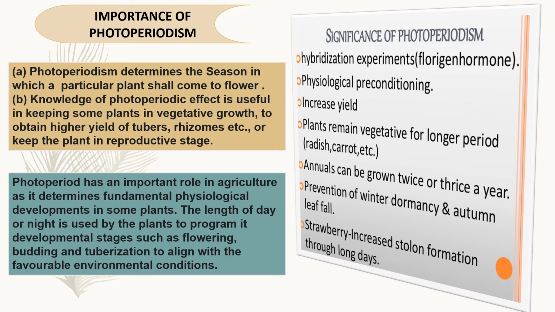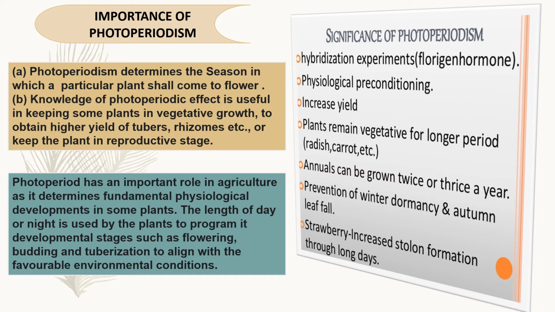So, what are the significances of photoperiodism? Number one, hybridization experiments, that is florigen hormone. Number two, physiological preconditioning. Number 3, increased yield.